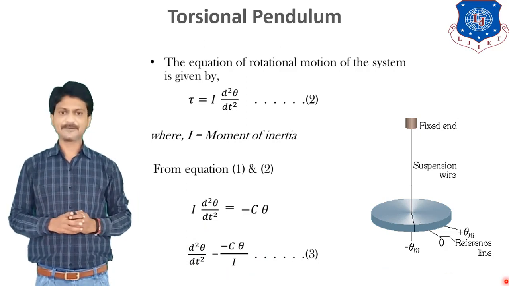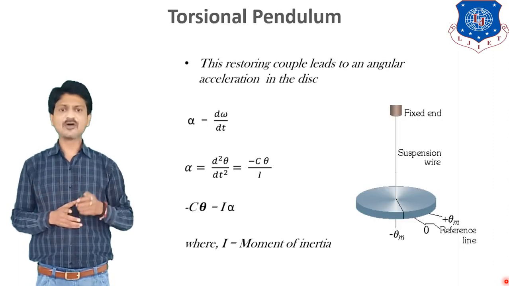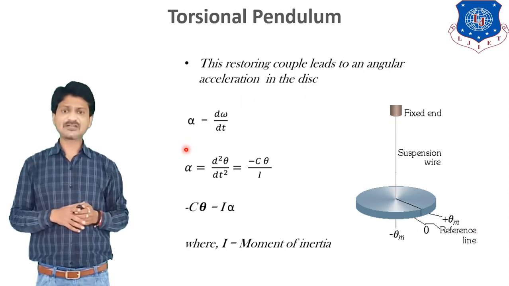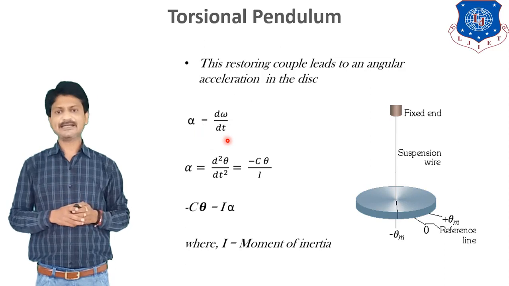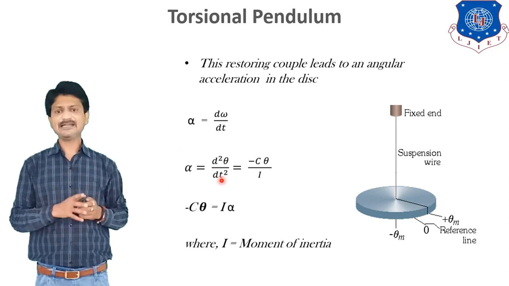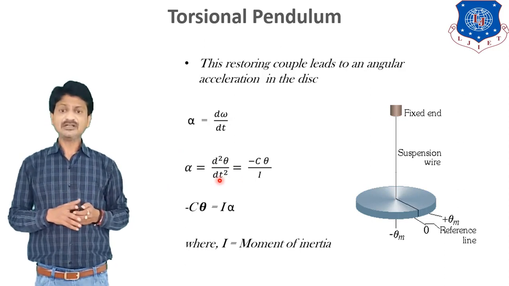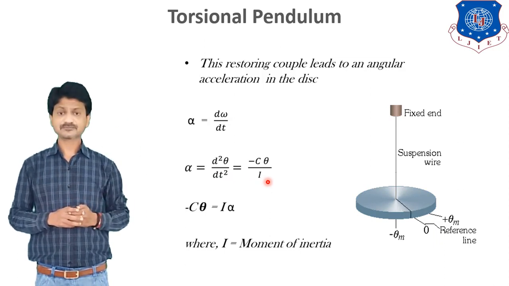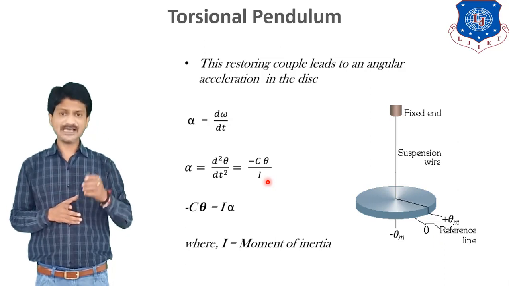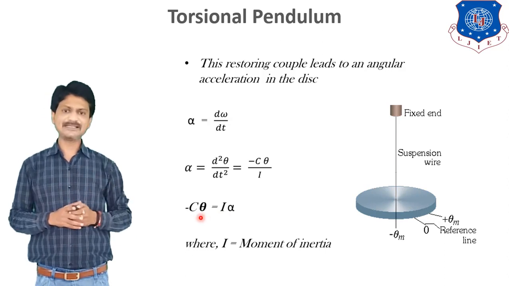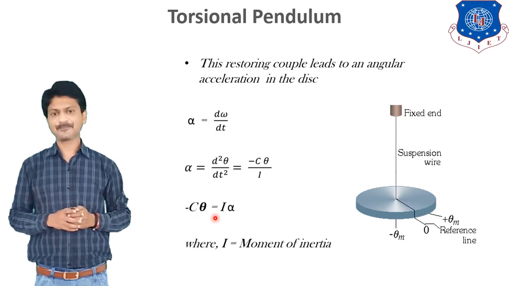Now the restoring couple leads to an angular acceleration in the disc, alpha equals d omega by dt. But we know that alpha equals d square theta by dt square, so we have d square theta by dt square equals minus C theta upon I. Now if we replace these values in the above equation, we have minus C theta equals I alpha.